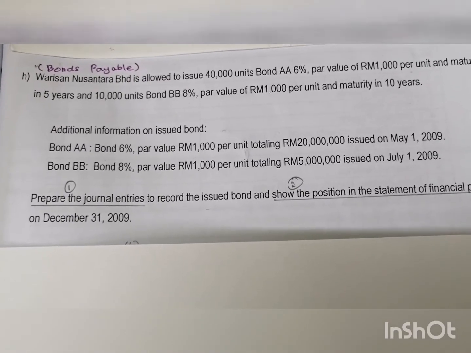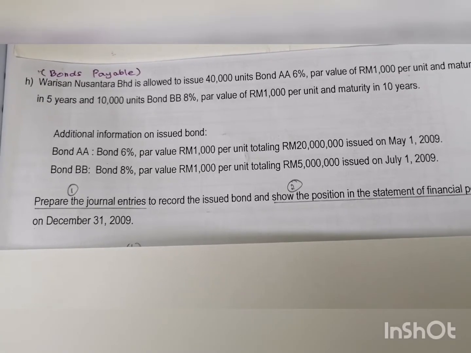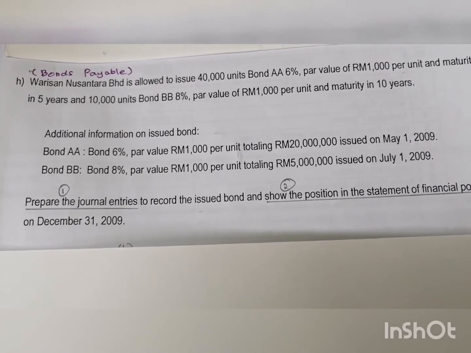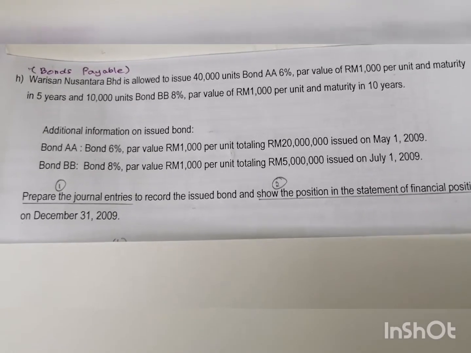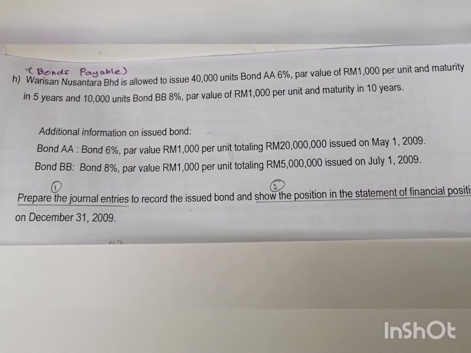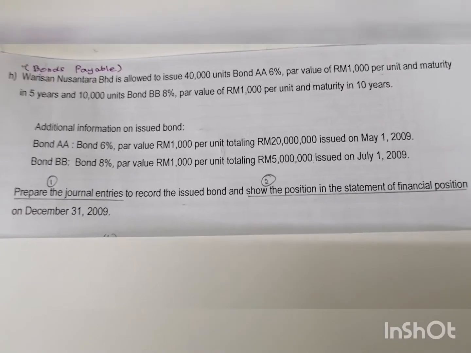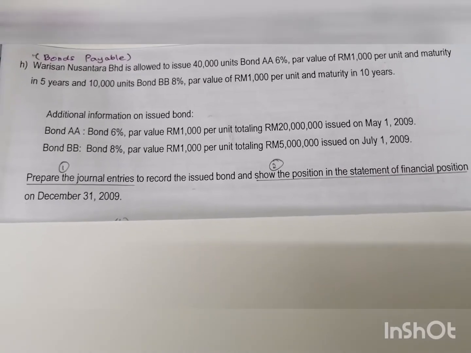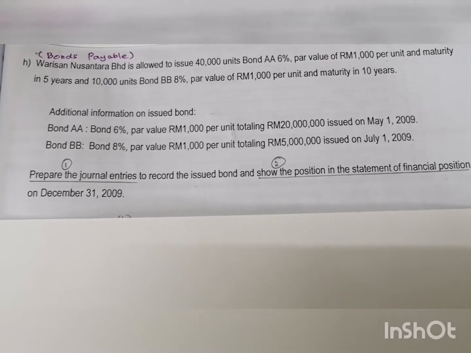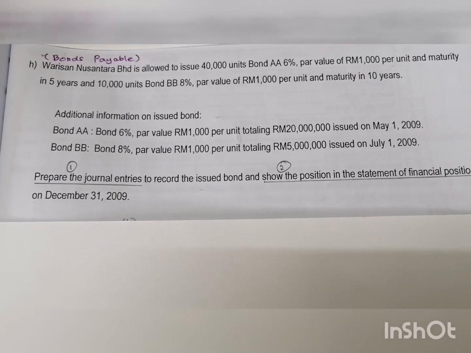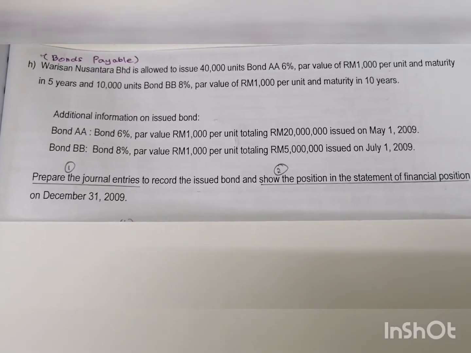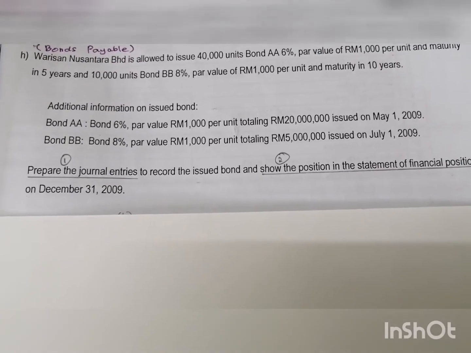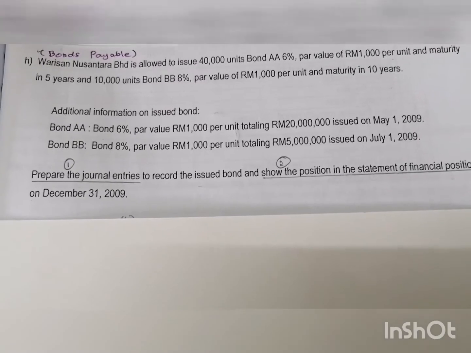Bond BB is 8%, par value 1,000 per unit, totaling 5 million, issued on July 1st, 2009. The question is to prepare the journal entries to record the issued bonds and show the position in a statement of financial position on December 31st, 2009.